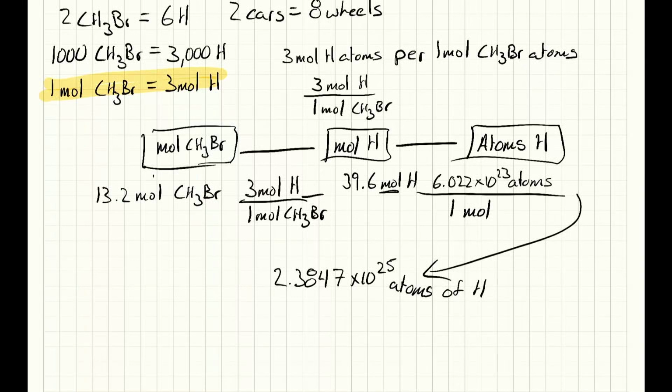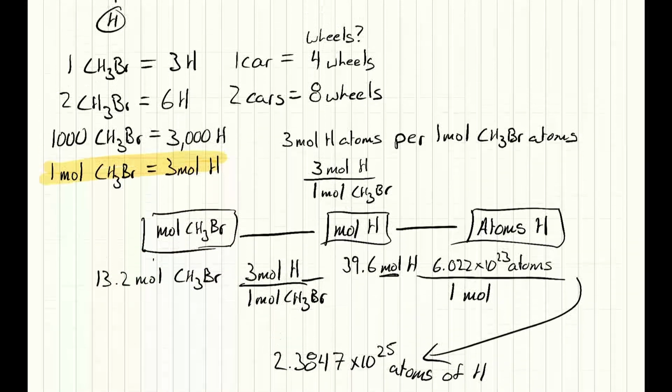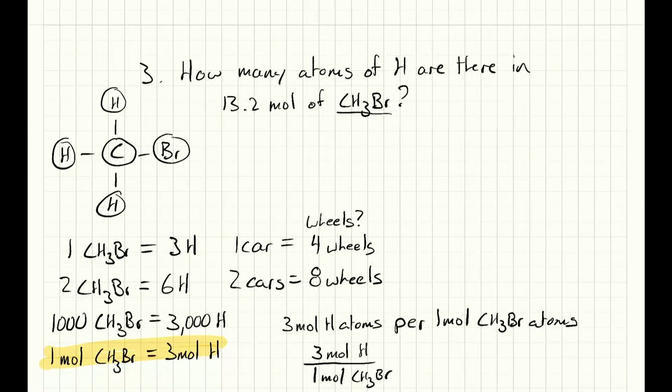So how many sig figs should we have, though, for our final answer? Let's look at all the numbers we've been talking about here, because we've gone through a lot of the numbers on this one. But even just looking at our initial here, we were only given 13.2. So that's going to be 1, 2, 3 sig figs.